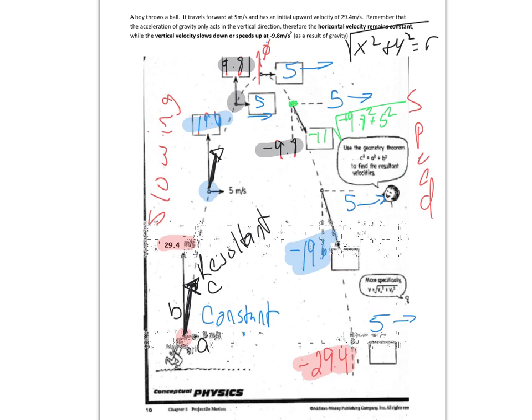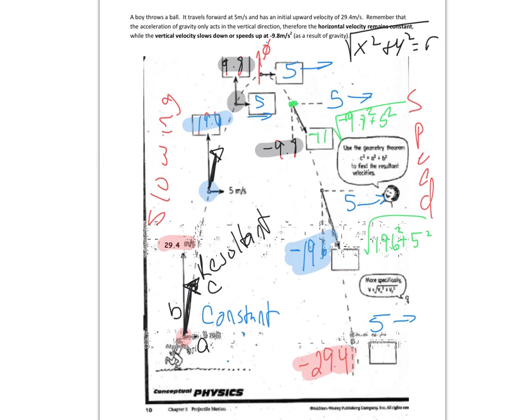1 second later, I'm still moving at 5 meters per second. So that's my x component. And now my y component has gotten larger in the negative direction. So it's traveling at about 19.6 meters per second. So my a squared plus my b squared, or my x squared plus my y squared.